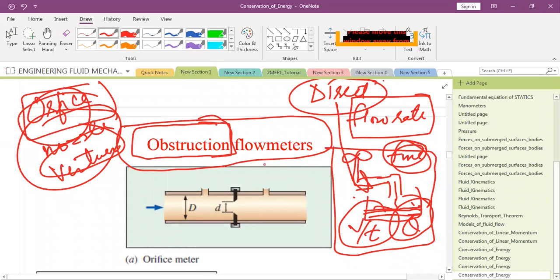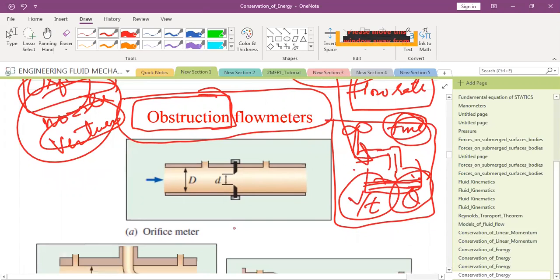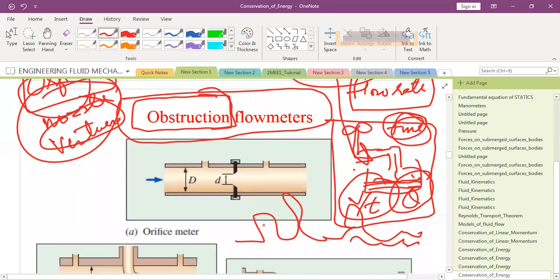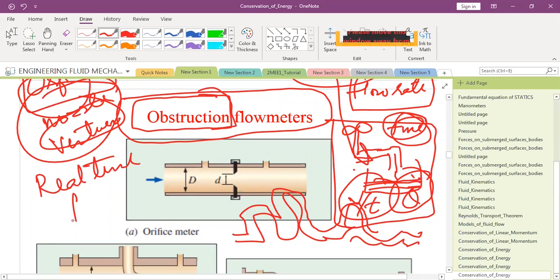First of all, if there was a very complicated piping system, then if it was water or something else, can you actually measure real-time flow rate in the piping system?